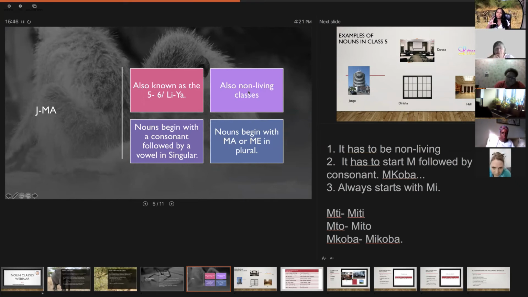If you come across a word that behaves like this, but it's a living thing, if you look it up in the dictionary and you saw it's a living thing, it doesn't belong here, even if it meets everything. Okay, so nouns in this class, they start with a consonant, very important, and then they are followed immediately by a vowel.